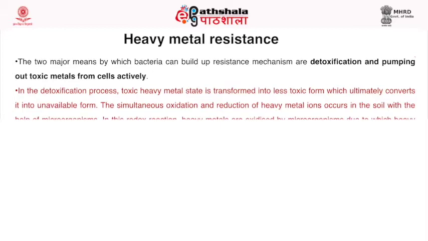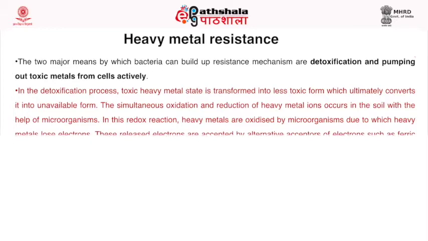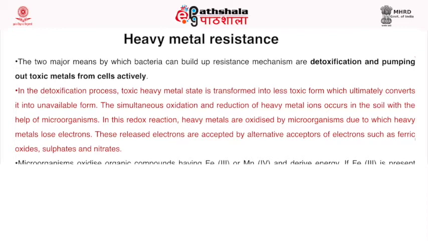The simultaneous oxidation and reduction of heavy metal ions occurs in the soil with the help of microorganisms. In this redox reaction, heavy metals are oxidized by microorganisms, due to which heavy metals lose electrons. These released electrons are accepted by alternative acceptors of electrons such as ferric oxides, sulfates and nitrates.